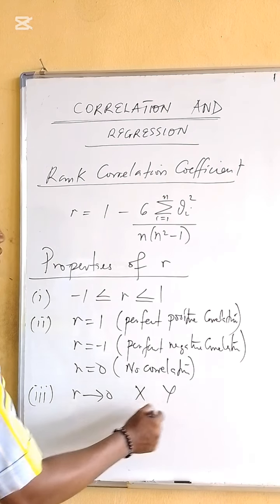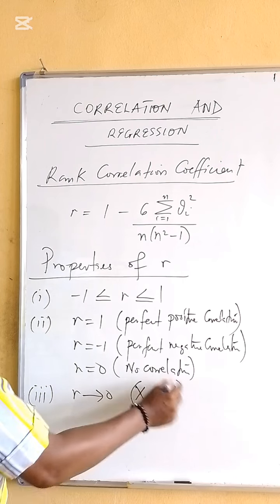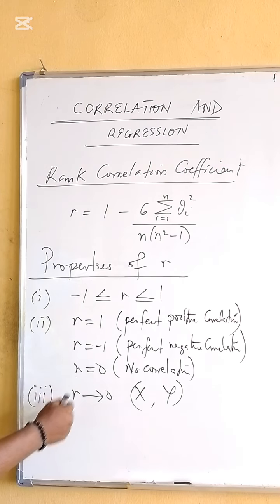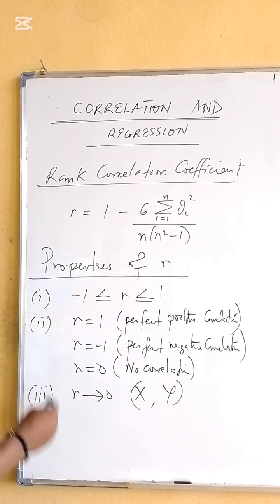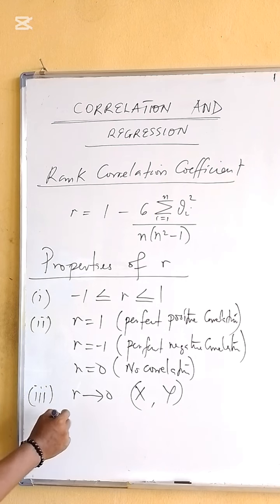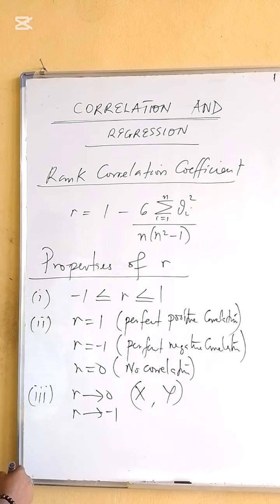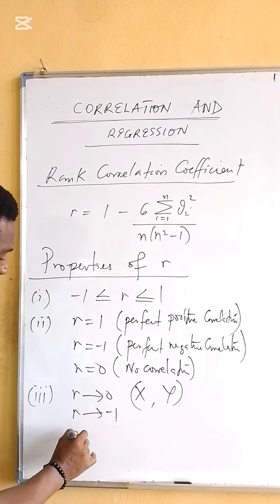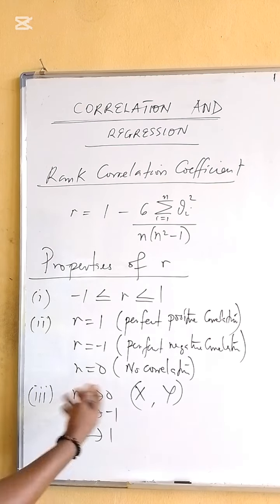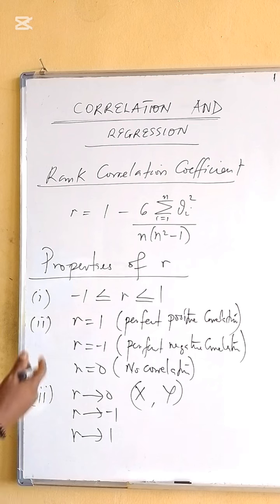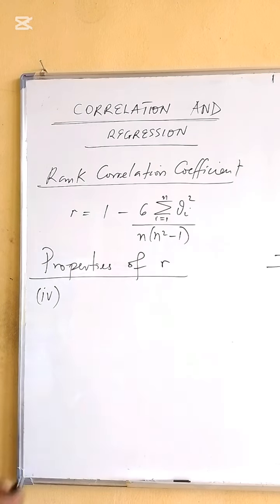So if the correlation between x and y for a bivariate data is R, such that R is very, very close to 0, then we say that the correlation between x and y is almost non-existent. Okay? Now, if R is closer to -1, or R is closer to 1, we say it is near perfect positive correlation, near perfect negative correlation.